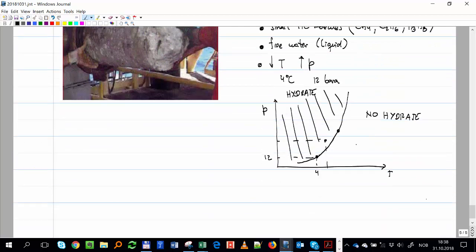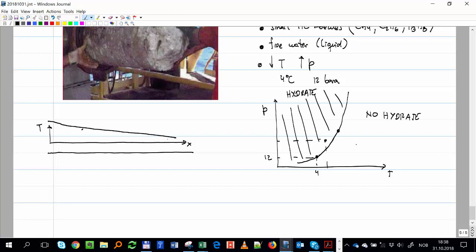So we can plot, if we have our flow line, we have our temperature along the flow line, and we know the temperature is going down, from the wellhead and going down, and you also have the pressure, which is following a similar trend, wellhead pressure and then going down towards the end of the flow line.